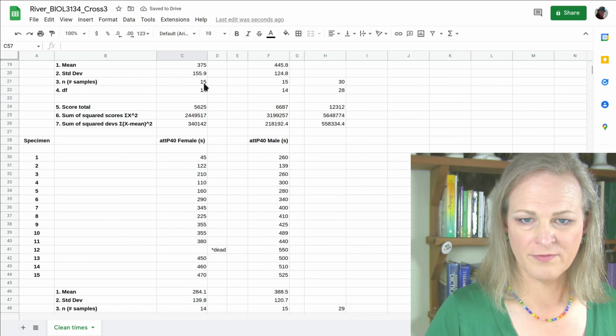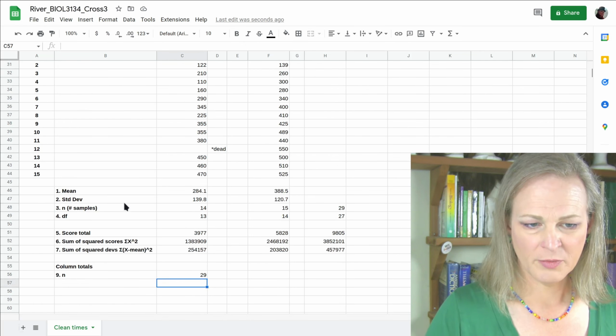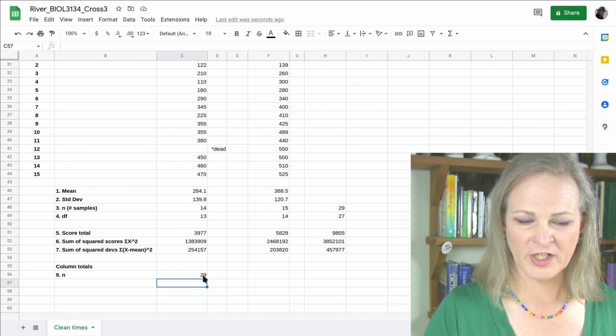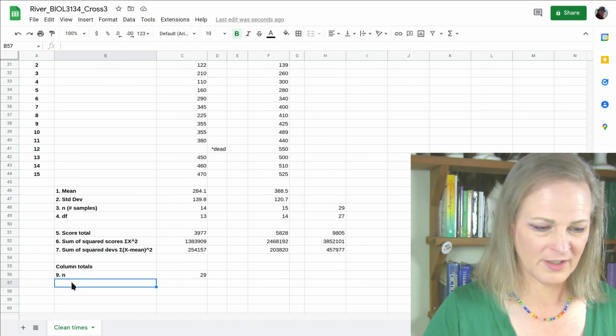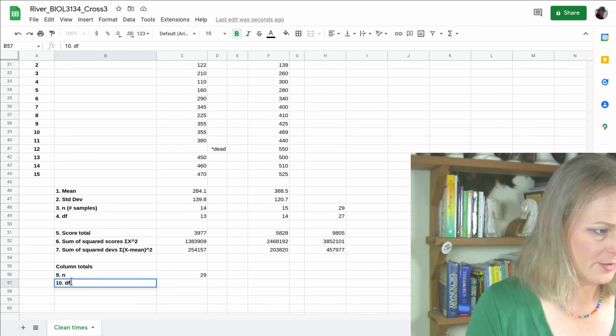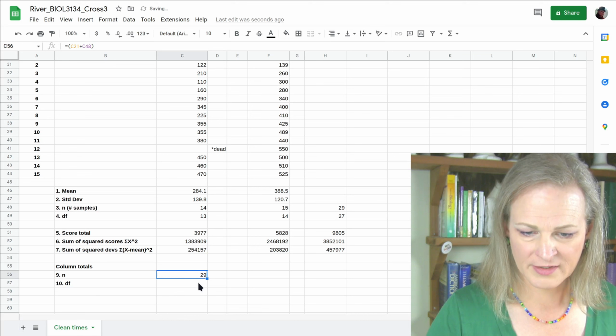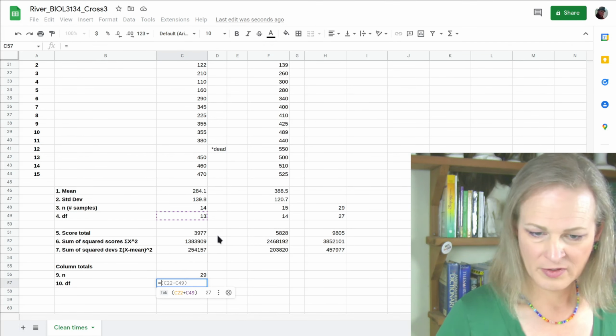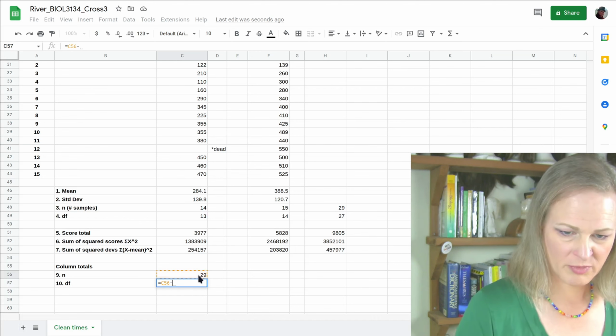So we had 15 up here. We had 14 here because one was dead. And we have 29. Great, that's exactly right. So step 10, we'll get the degrees of freedom. And that is equal to this minus 1. So equals this minus 1.